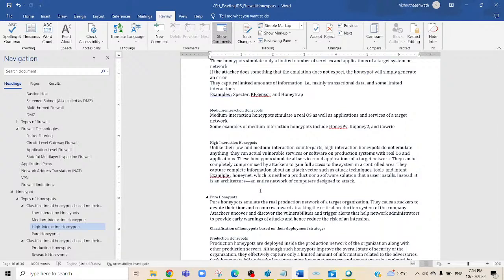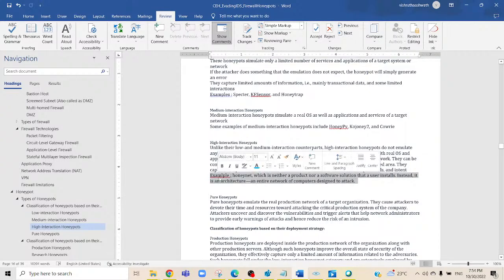They can be completely compromised by attackers to gain full access to the system in a controlled area. They capture complete information about an attack vector, such as attack techniques, tools, and intent. Example: HoneyNet, which is neither a product nor a software solution that a user installs. Instead, it is an architecture, an entire network of computers designed to be attacked.